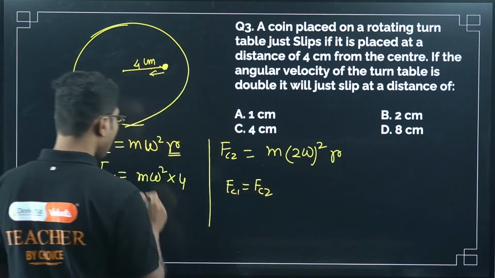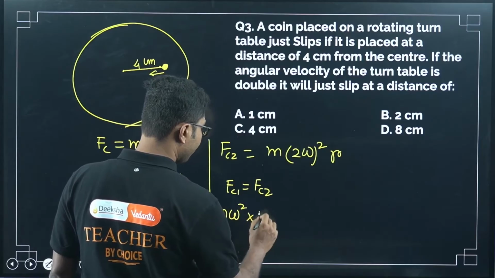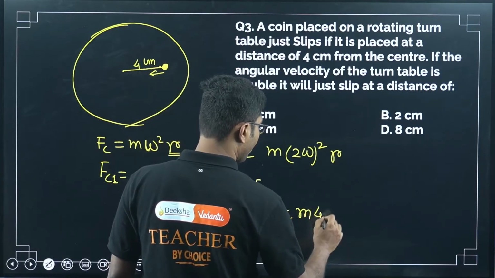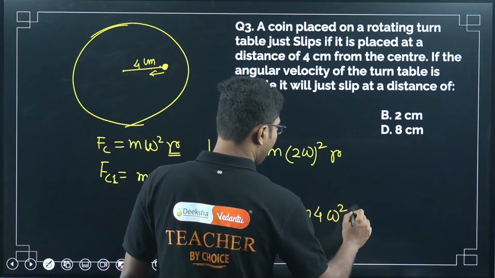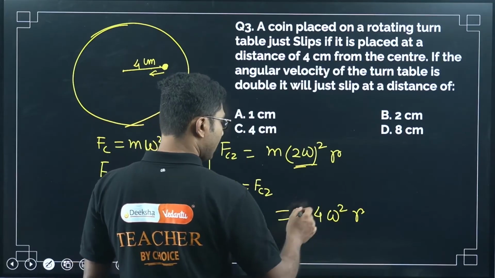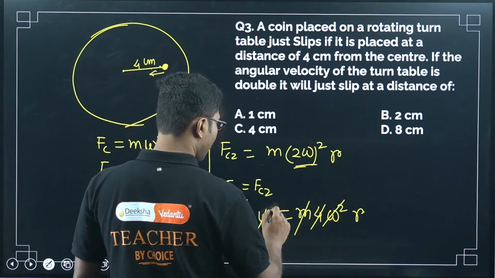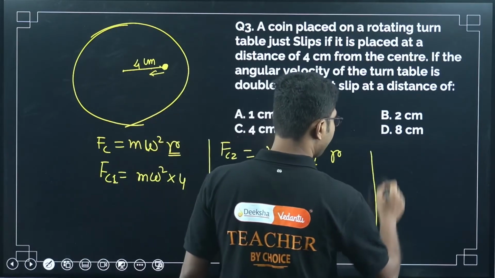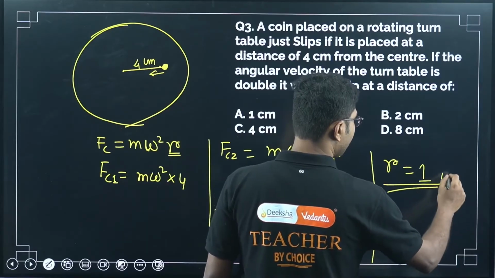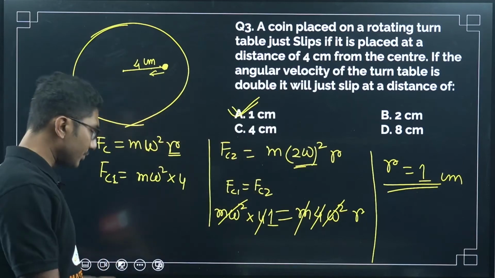So now put the values, m omega square times 4 equals m times 4 omega square r. 2 omega whole square is 4 omega square. So m omega square cancels, 4 cancels, so only 1 is left. So from here you can write r is equal to 1. So r is equal to 1 centimeter. So 1 centimeter is the answer to this question.